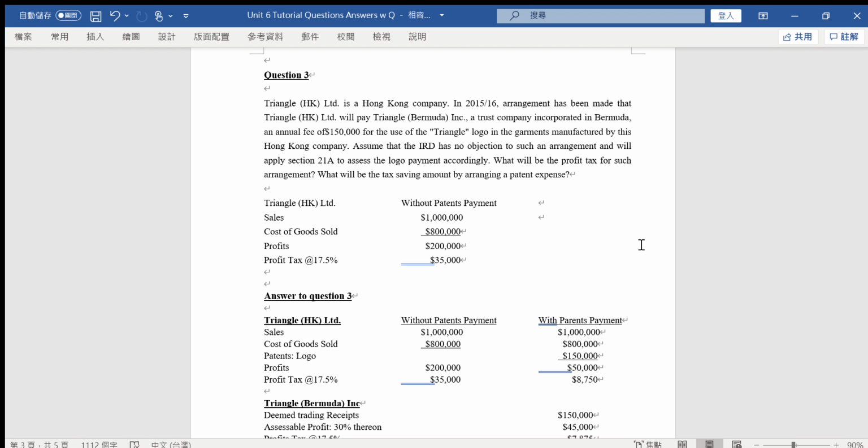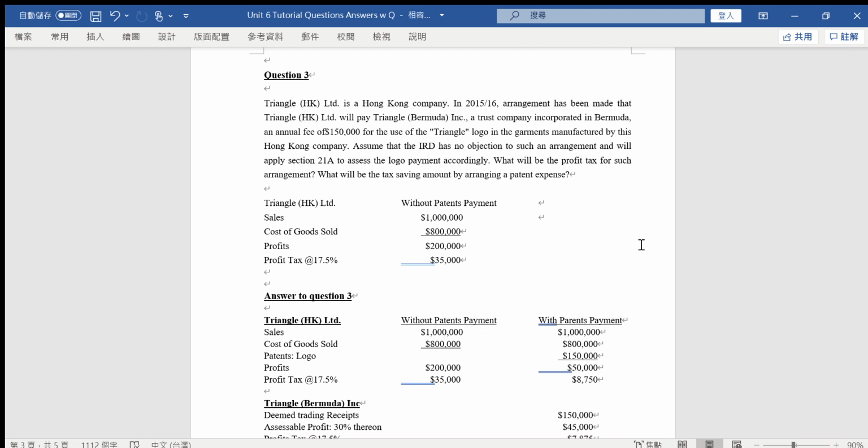The Hong Kong company is required to pay $150,000 for the use of the Triangle logo in its garment manufacturing. The question says to assume the IRD has no objection to such arrangement. What will be the outcome, and what will be the tax saving amount if they arrange in this way?